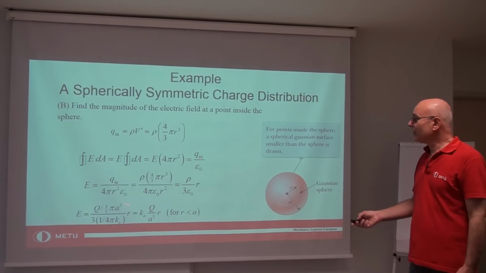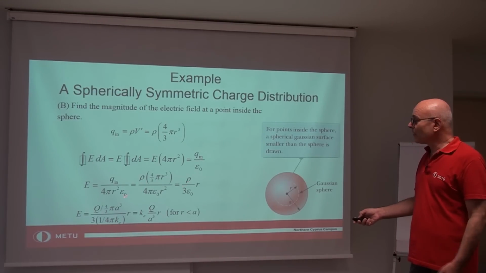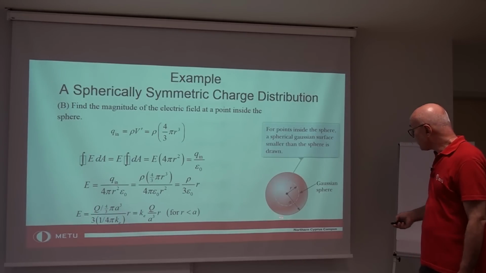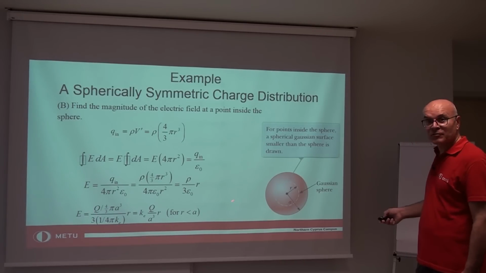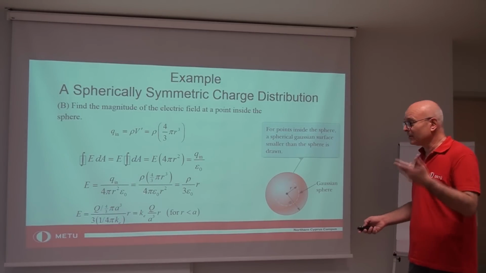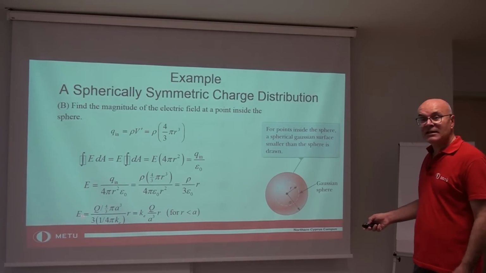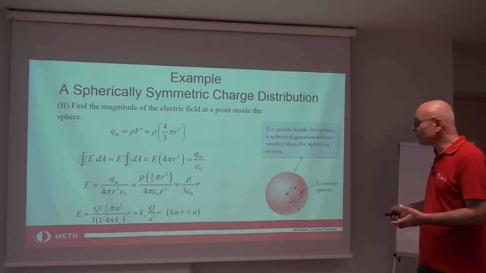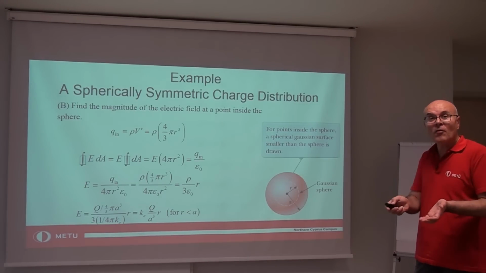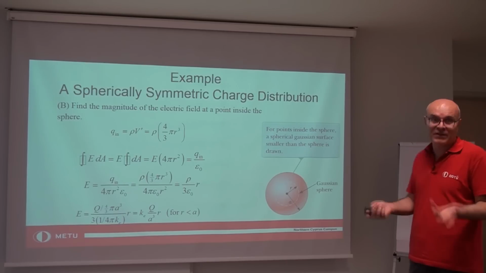You can express rho in terms of the total charge divided by the volume of the charge distribution. This is just what I said at the beginning of the discussion of this chapter. Rho is the charge density, the total charge of the charge distribution divided by the volume over which this charge is distributed, which is the whole volume of the sphere.